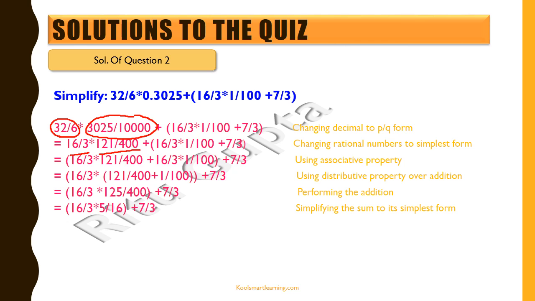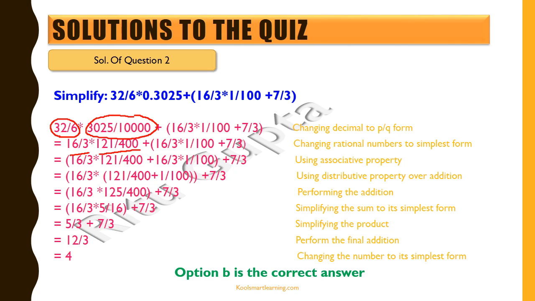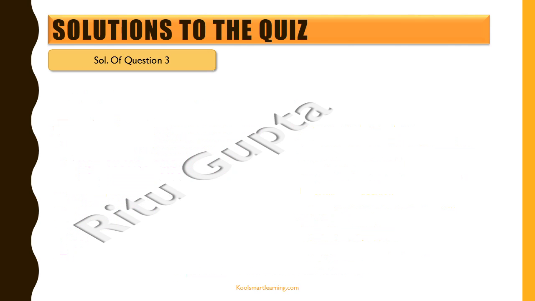Now 125 by 400 is not in its simplest form, so we divide it by 25 and we get 5 by 16. So we get 16 by 3 multiplied by 5 by 16 plus 7 by 3, and this can further be simplified to 5 by 3 plus 7 by 3, which is equal to 12 by 3 and hence equal to 4. So in this case option B is the correct answer.